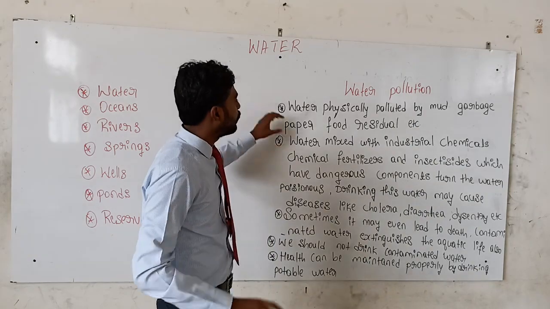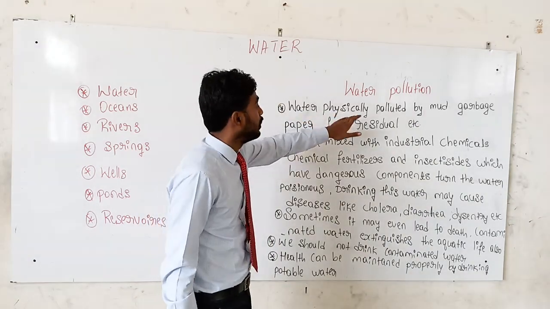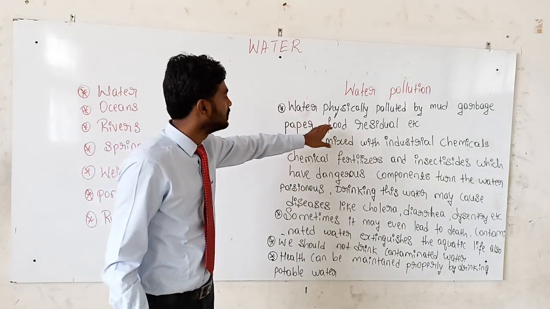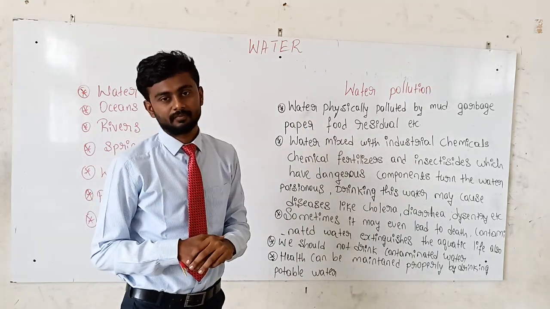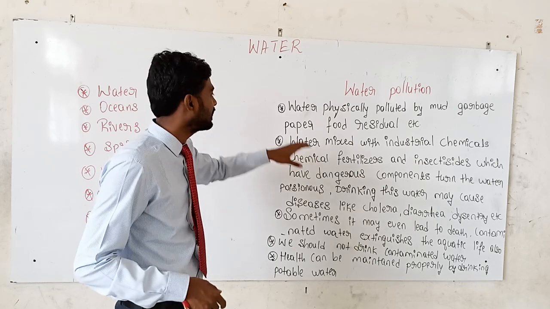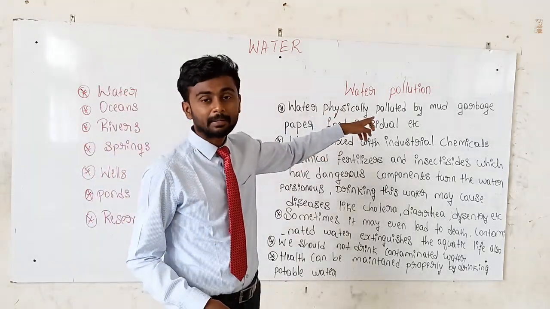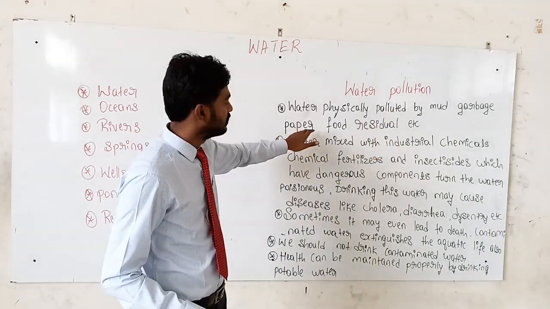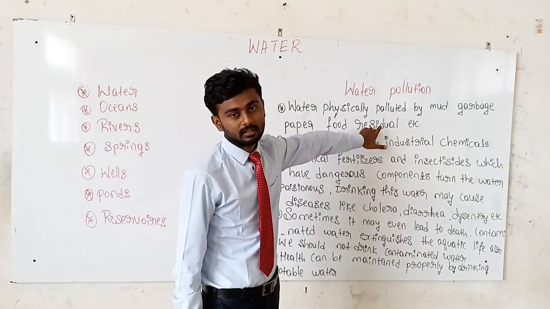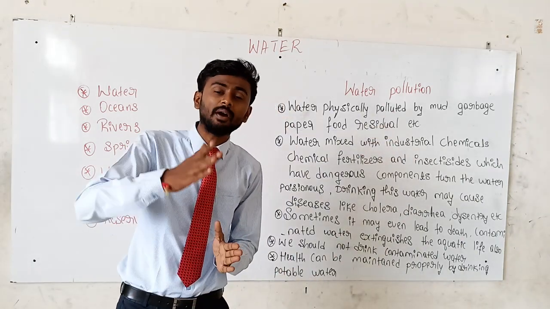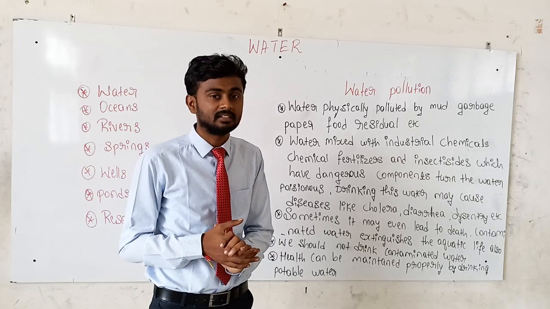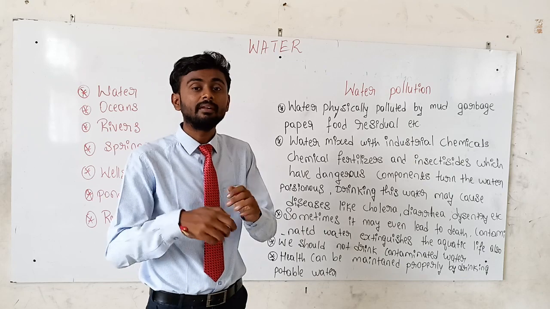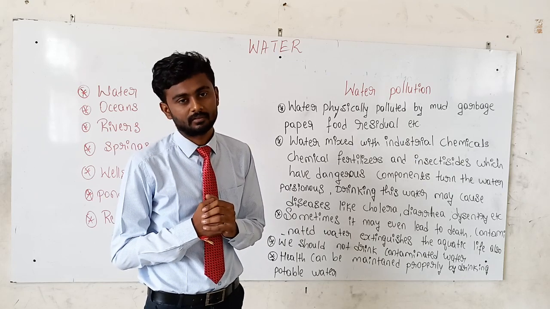See, students, water is physically polluted by mud, garbage, paper and food residuals, etc. So these types of unwanted materials get mixed with water, and then the water becomes contaminated.